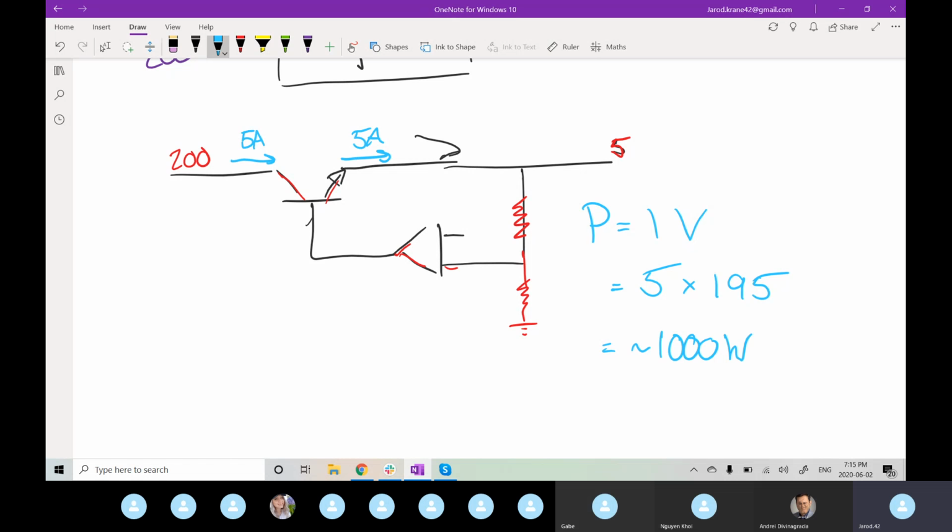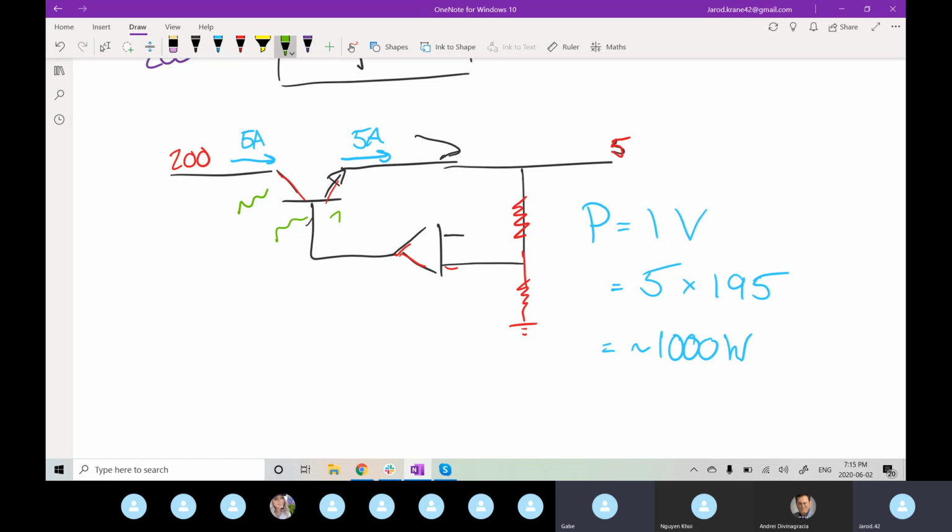That's 1,000 watts, right? That's where your energy is going, and it's burning across that transistor, which is basically acting as a variable resistor. Because of this current in, current out rule, we lose a lot of energy. The general thing we look at is what's the power at the input?